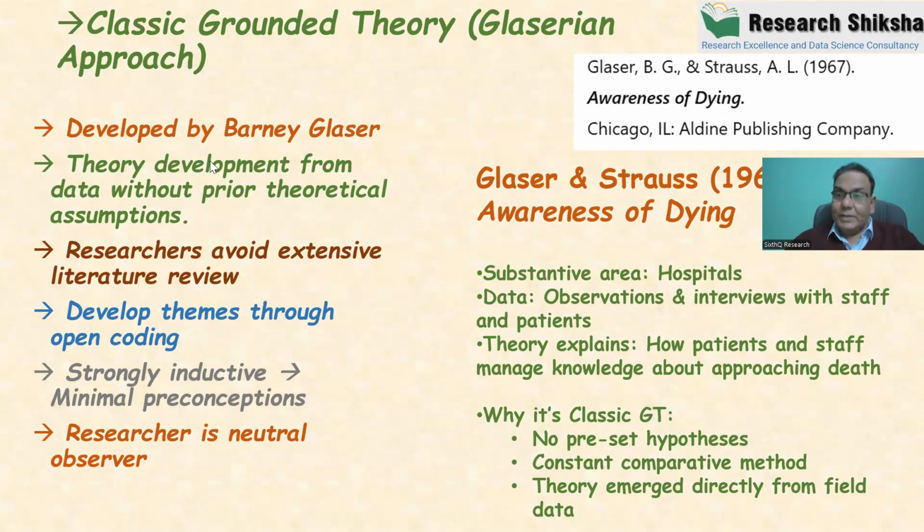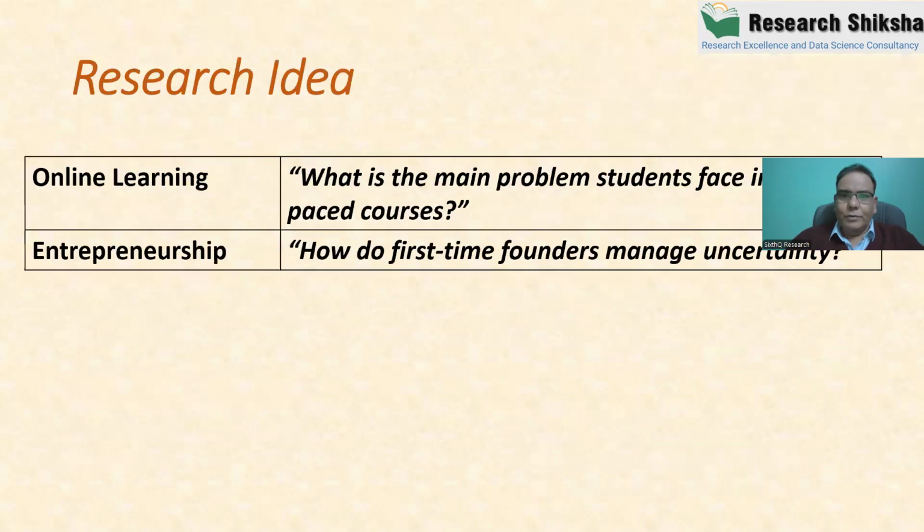So it is the basic Glazerian approach, the Glazer approach, you can say. It is a basic approach when the topic is entirely new and you are doing it for the first time. There is no theory, no existing literature. Then you can simply follow this approach.